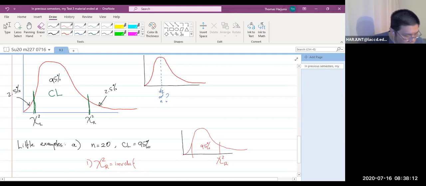Let me look at my calculator. Inverse chi. Now, the first number will be the area to the right, and then the second number will be the degrees of freedom.